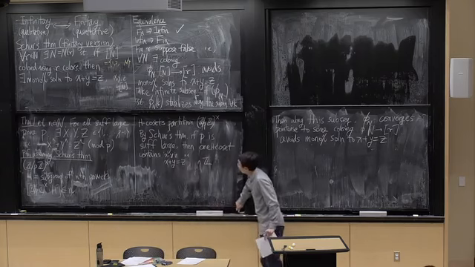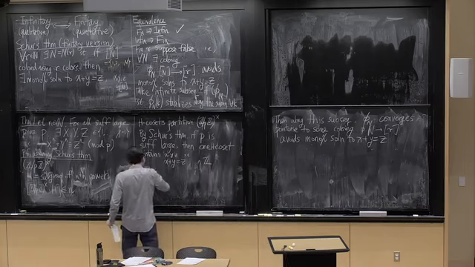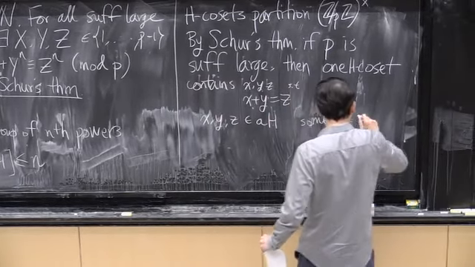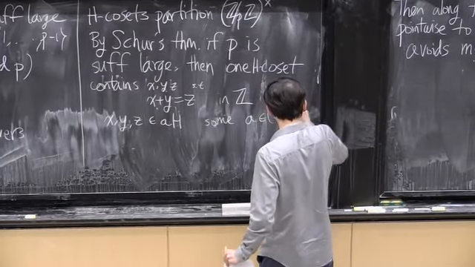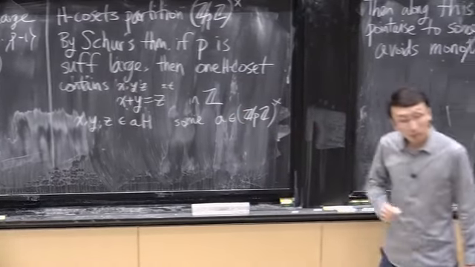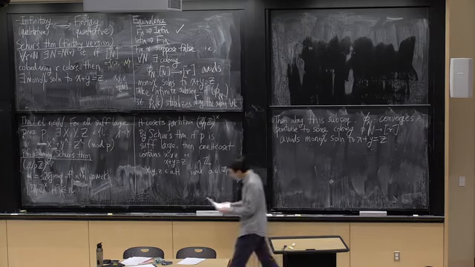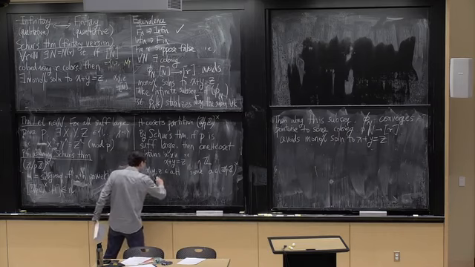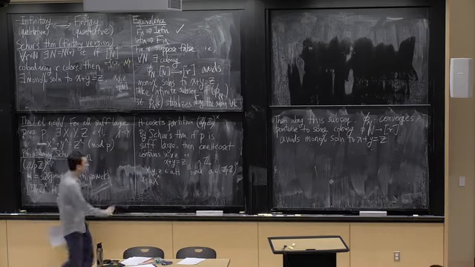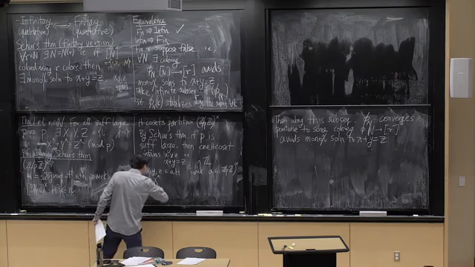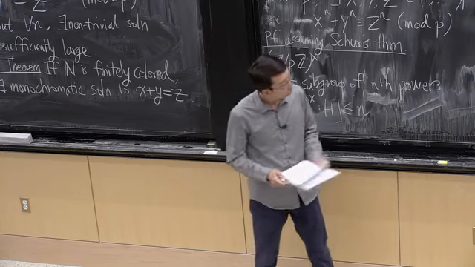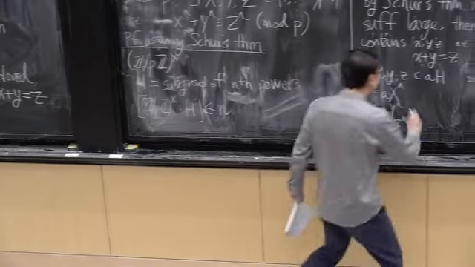They belong to the same coset, so x, y, and z belong to some coset of H, which means that x equals a times some nth power, y equals a times some nth power, and z equals a times some nth power. Well, you have this equation. Put them together.